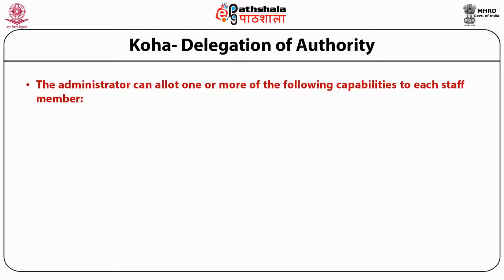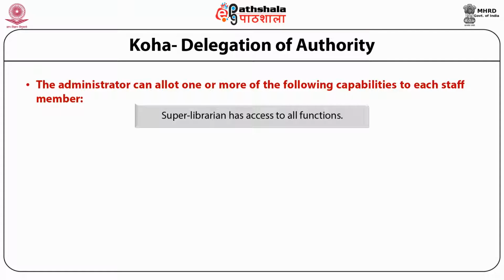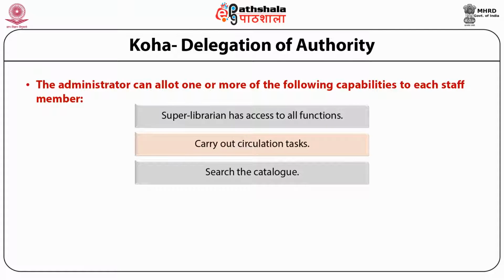The administrator can allot one or more capabilities to each staff member, for example, the super librarian has access to all functions. It can carry out circulation tasks, search the catalog, and administer the system parameters.